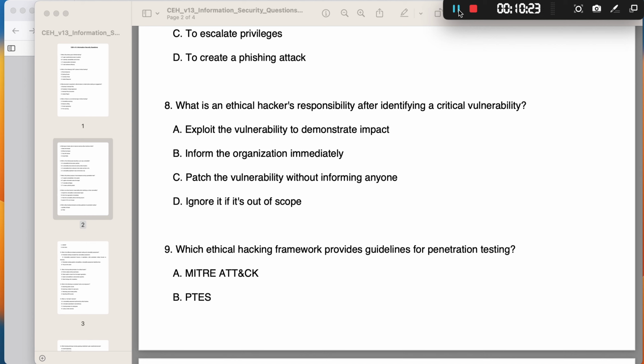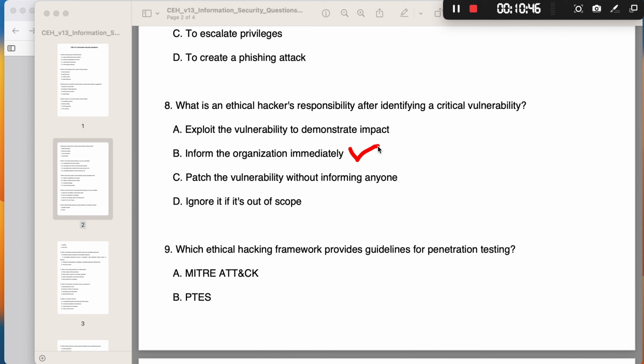What is your responsibility? Your options are exploit the vulnerability, inform the organization, patch the vulnerability without informing anyone, or ignore it if it's out of scope. And the correct answer is to inform the organization immediately of the vulnerability.